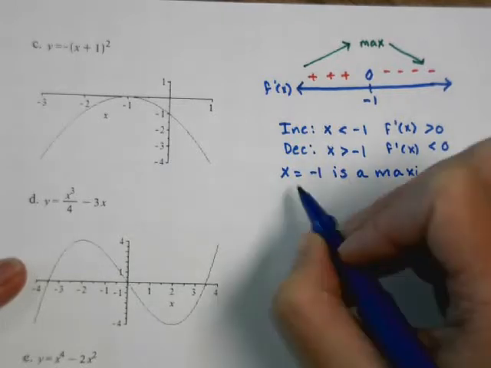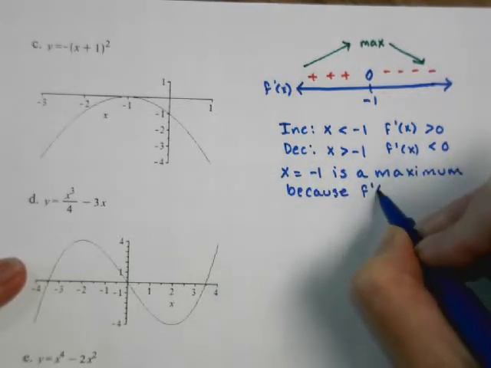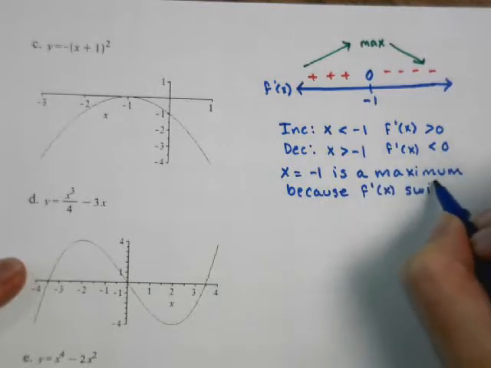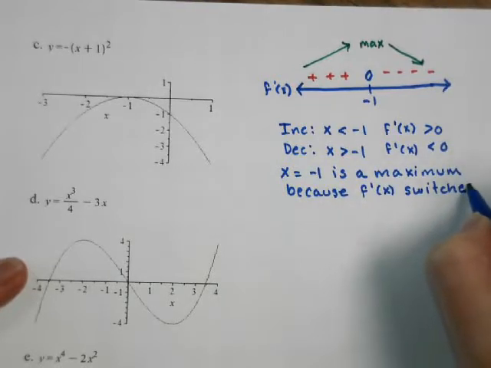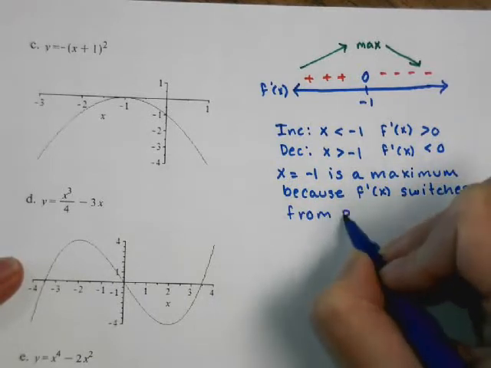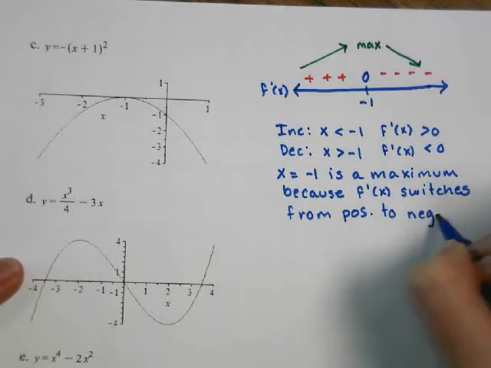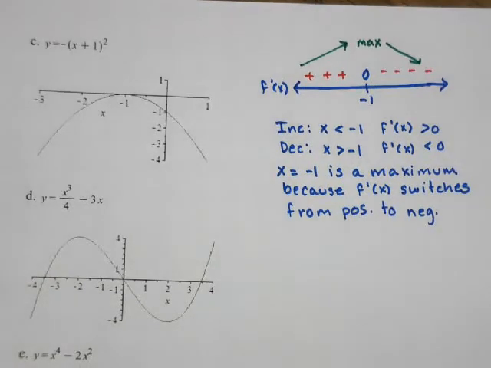And my justification, because f prime of x switches from positive to negative. So if you ever have to justify either increasing or decreasing, or whether a point is a maximum or a minimum, those are the qualifications you're going to do.